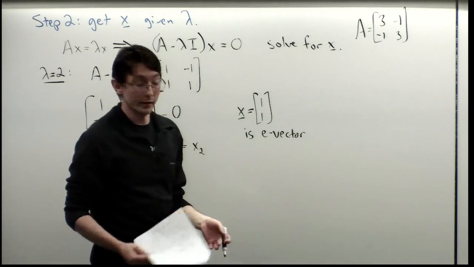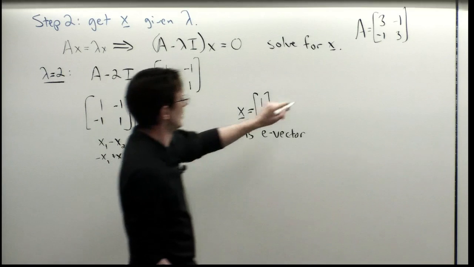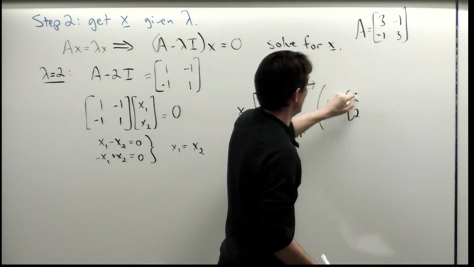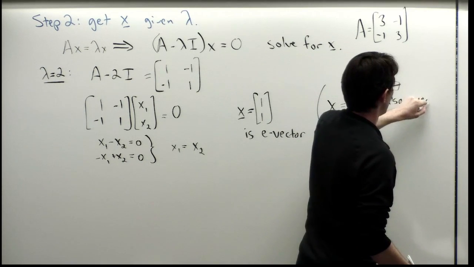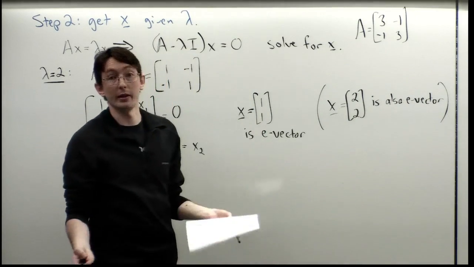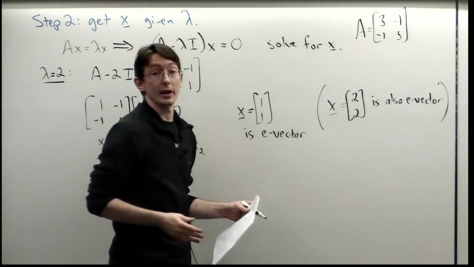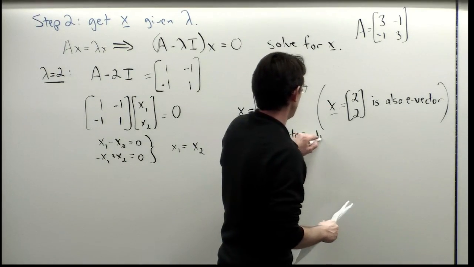Interestingly enough, if I plug in x1 equals 2, so x equals (2, 2), that is also an eigenvector. In fact, anything in this direction will be considered an eigenvector, but they're all in the same direction, and so we call that one eigenvector direction.